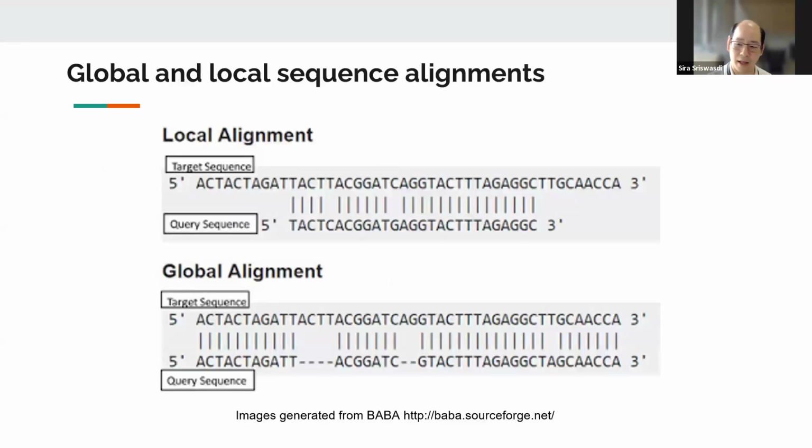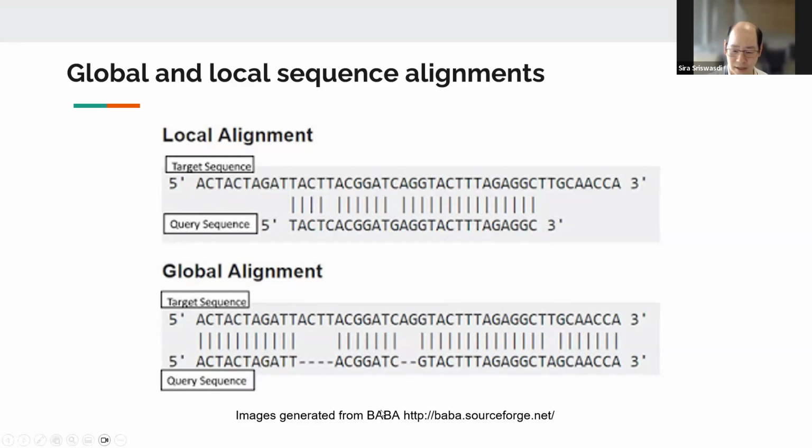When we talk about sequence alignment, we usually have two settings: either a global sequence alignment or a local sequence alignment. For the global alignment, let's start from the bottom here. Global means that you have a target sequence in your database or in the genome of the species of interest, and you have some new sequence, maybe from an experiment, maybe you sequenced it yourself, or maybe you got it from another paper.